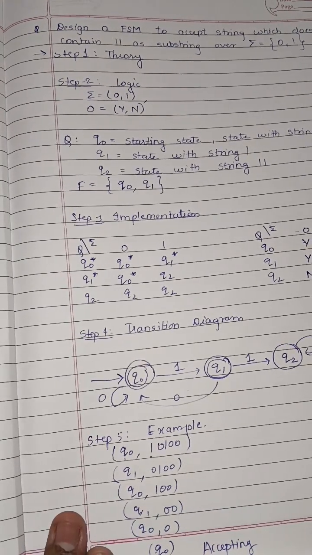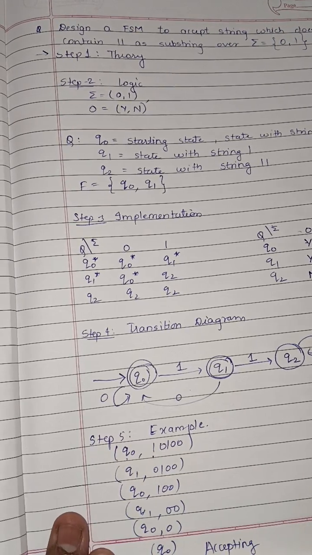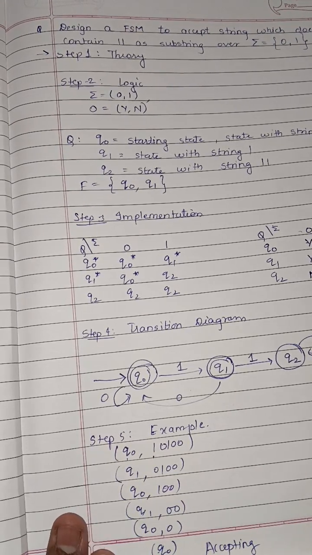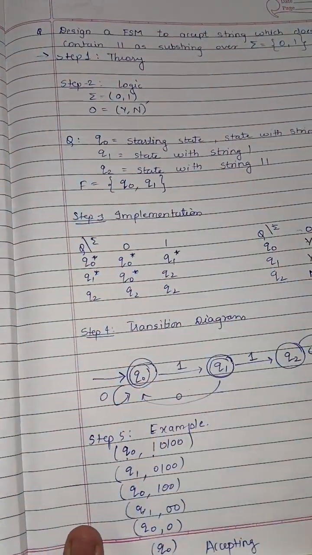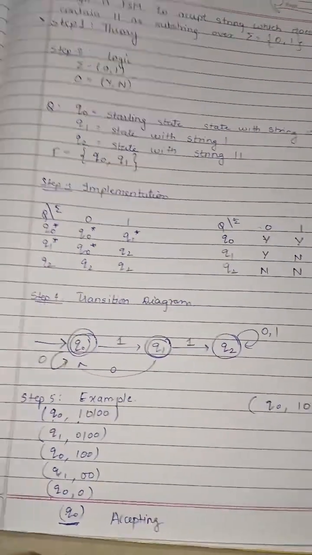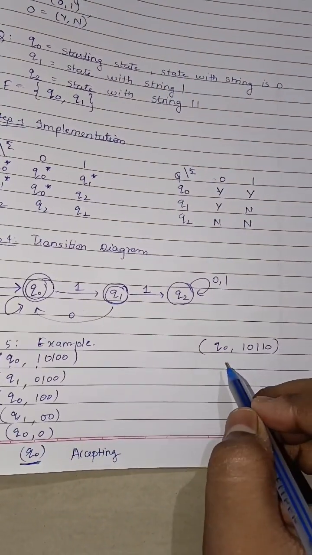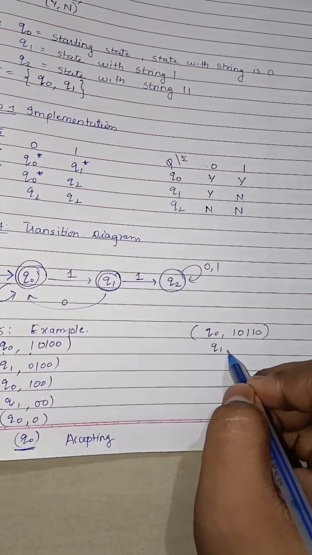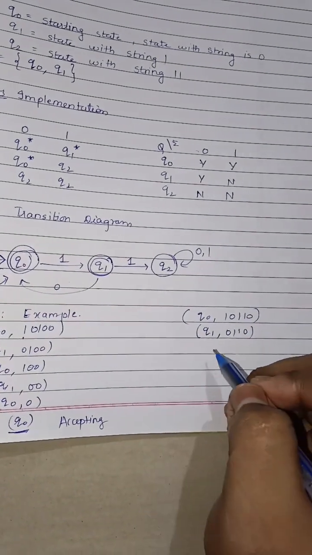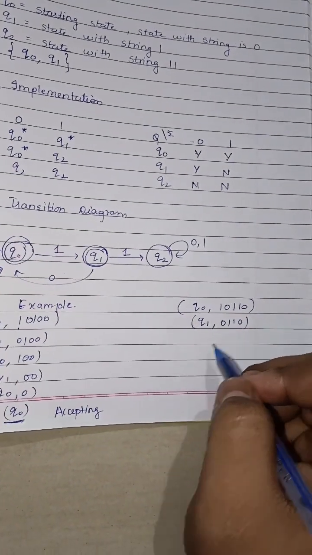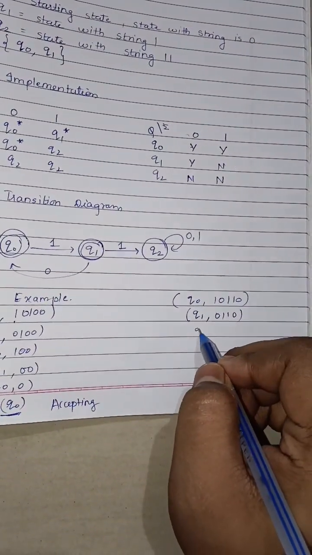Now let's take an example of rejection. Q0 10110. Now see, Q0 receives 1, it is going to Q1, remaining 0110.